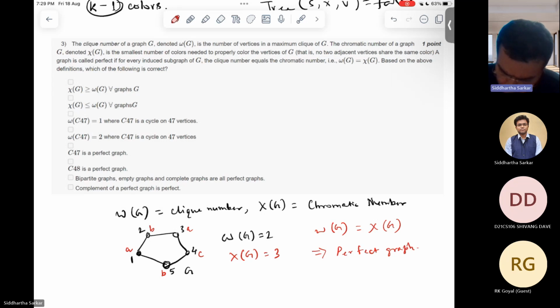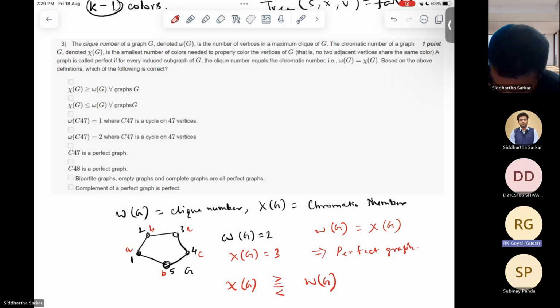So the question is asking, what is the relationship between chi G and omega G? Is it greater than or equal to or less than or equal to? Since we are not talking about perfect graphs now, the graph could be any graph.